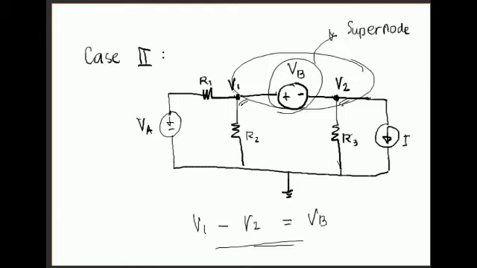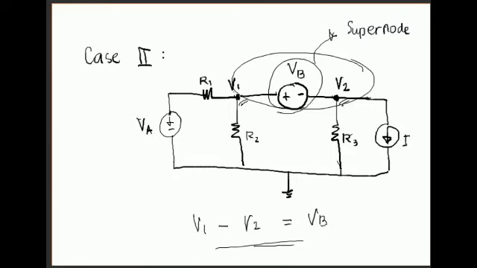The second case is if the voltage source, whether it's dependent or independent, is connected between two non-reference nodes. The two non-reference nodes form a supernode. So in this circuit, we have VB. Its terminals are connected to two non-reference nodes, V1 and V2.